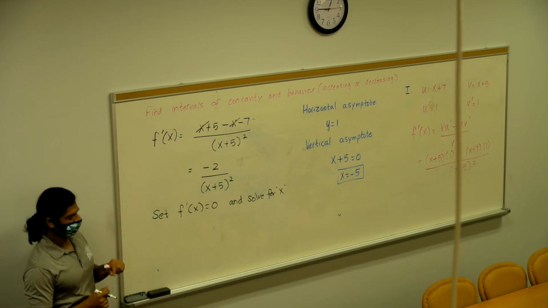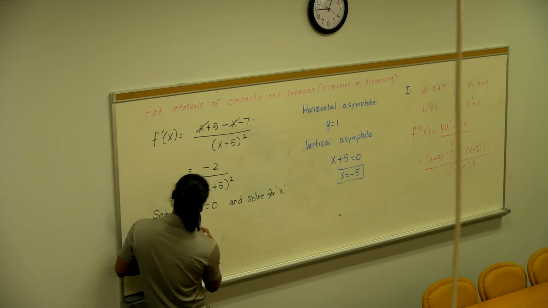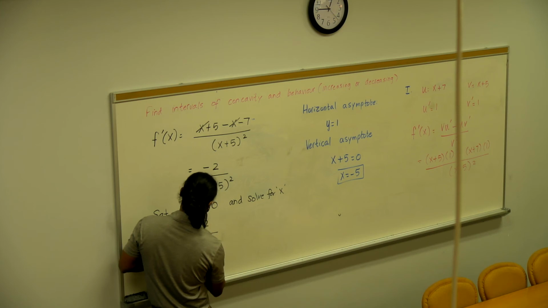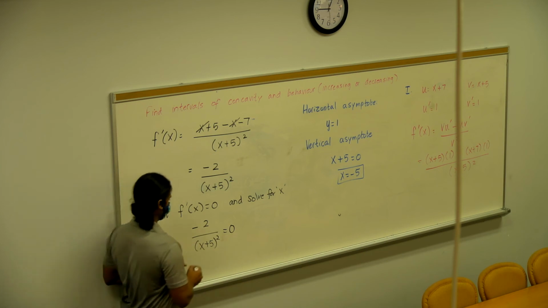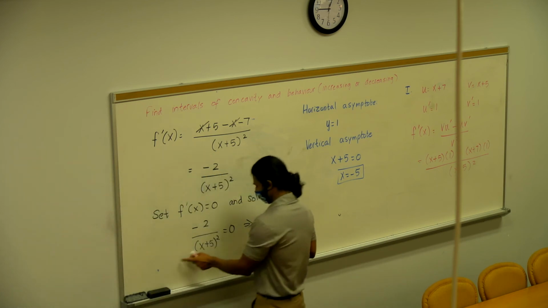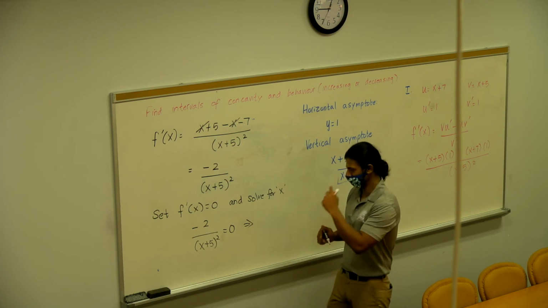Set f prime of x equal to 0 and solve for x. Which would imply we multiply by the denominator on both sides, or cross multiply.